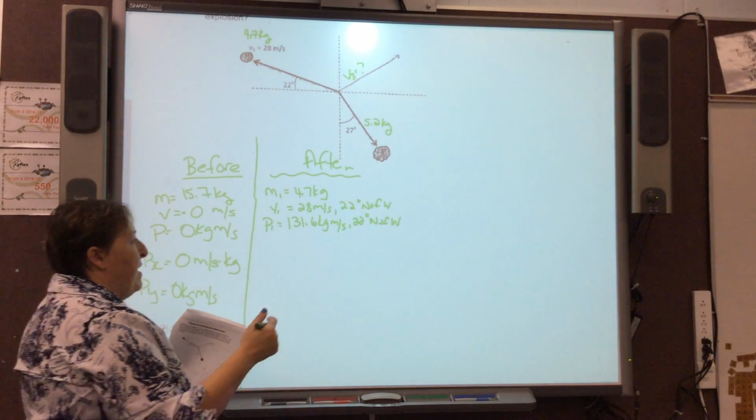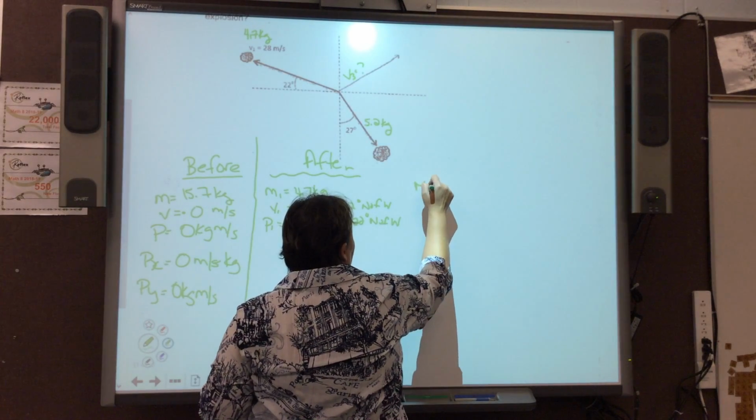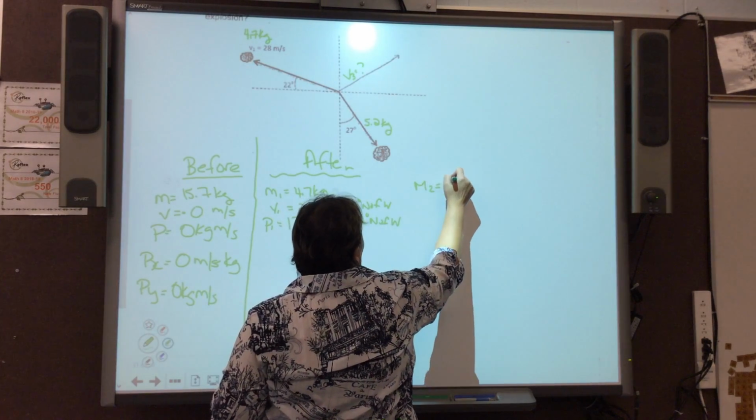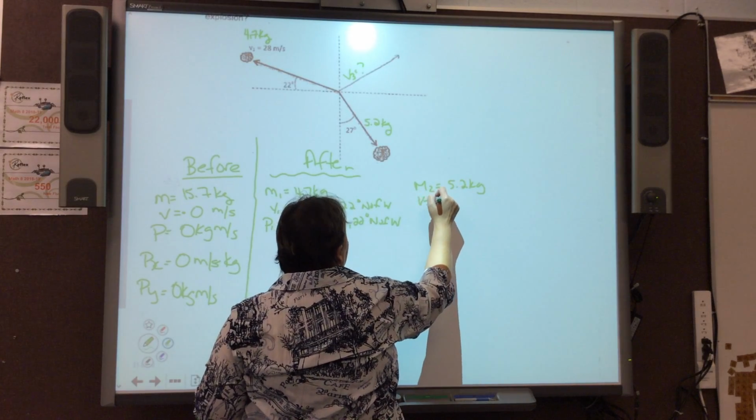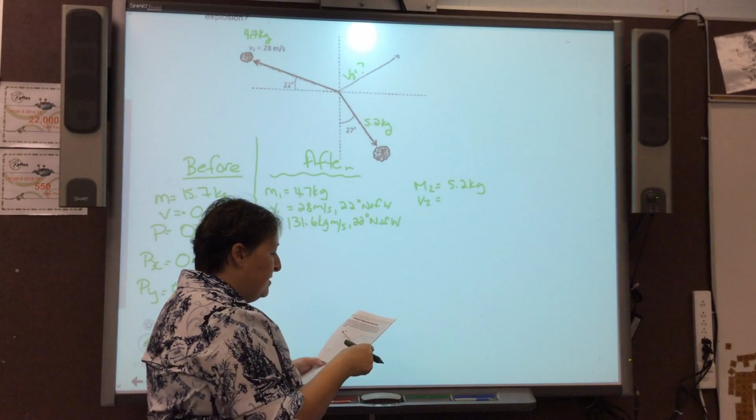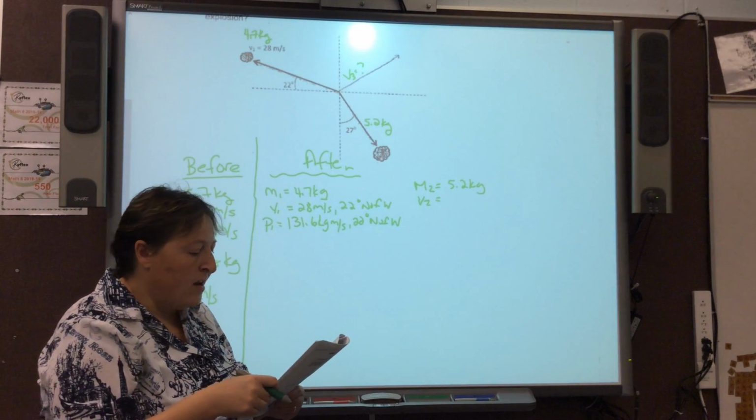Okay, we have mass 2 is 5.2 kilograms, and velocity 2 was 20.7.